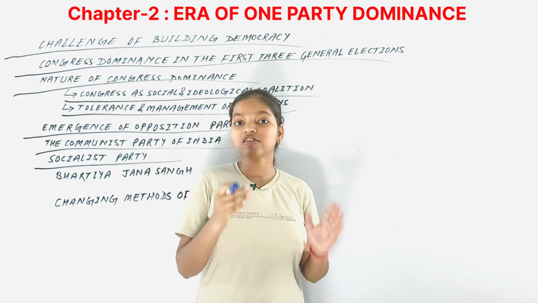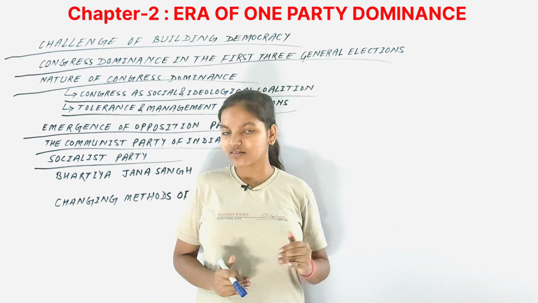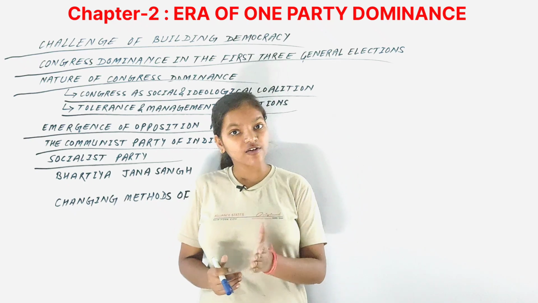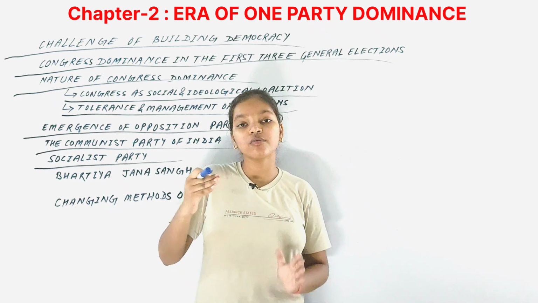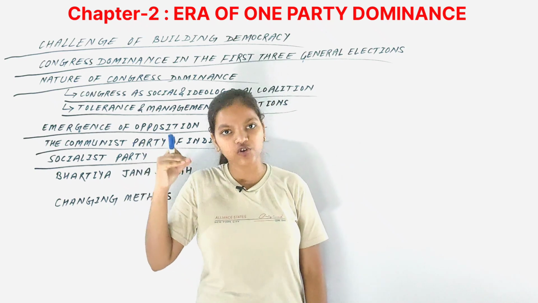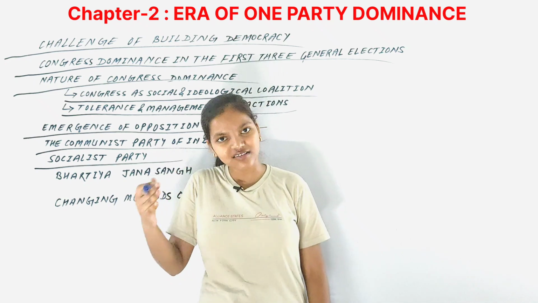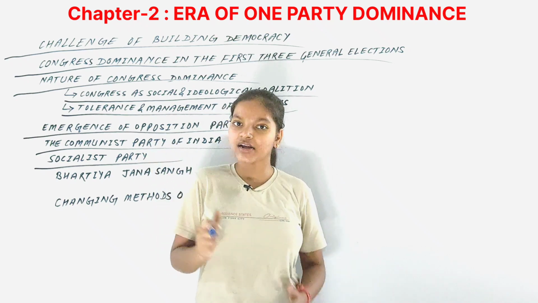Many of today's parties such as Samajwadi Party, Janata Dal United, Janata Dal Secular, Rashtriya Janata Dal have origins somewhat connected to the Socialist Party. Many of the state socialist parties have their origin from this Socialist Party as well.